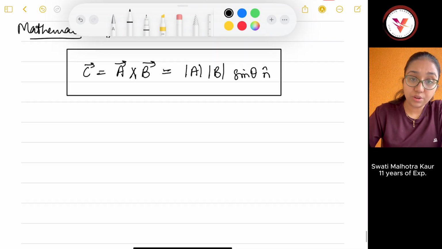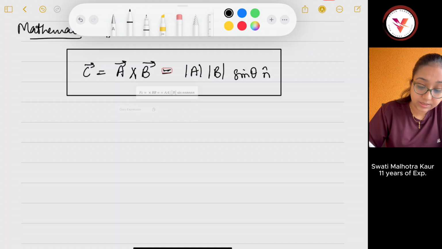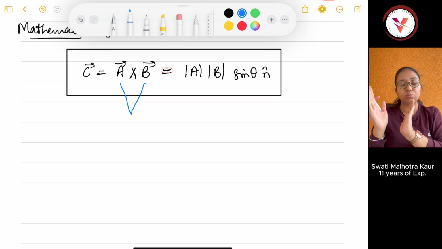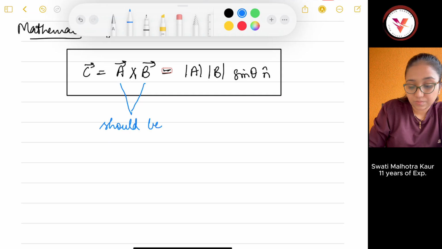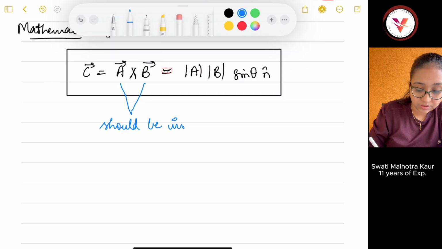Okay, so now here you have to remember certain things: that the A and B vectors whose cross product you are taking should be in a single plane.